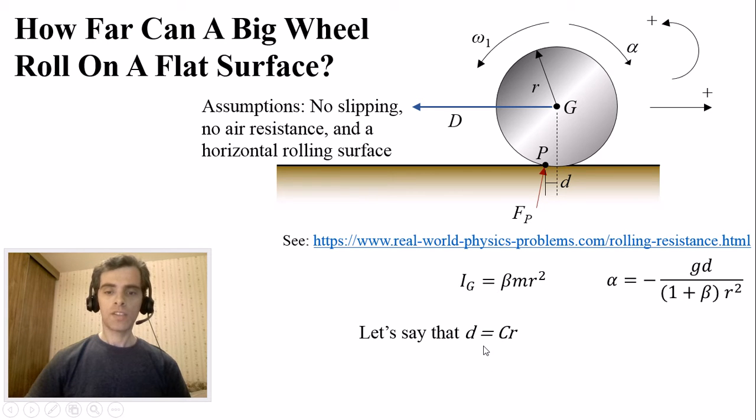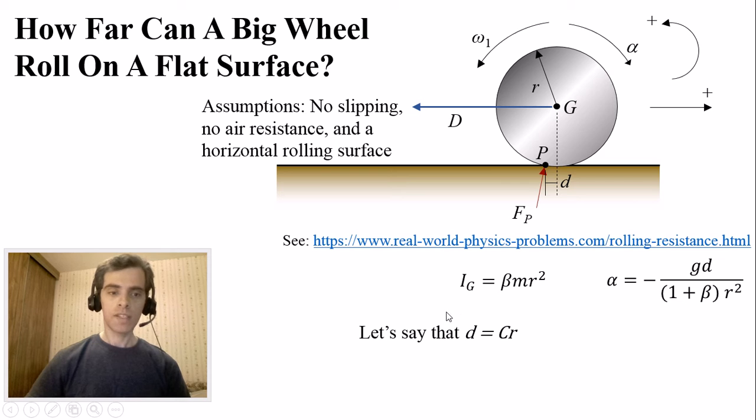Next, we say that d is equal to some constant times r. Now keep in mind that here I'm referring to small d, but the rolling distance I'm designating as large D. So I will just say small d when I refer to the lowercase d here.